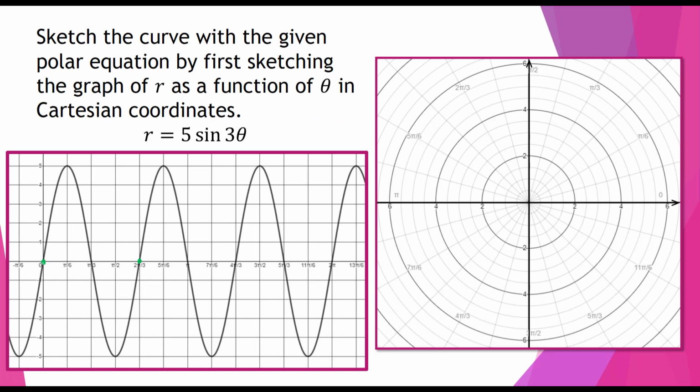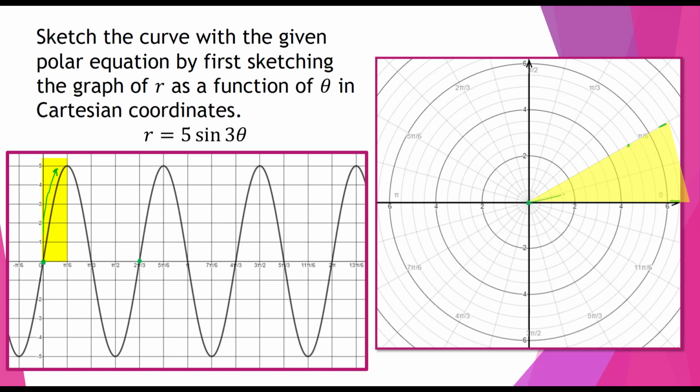So we see that from angle 0 to angle pi over 6, our sine function increases from 0 to 5. So in polar coordinates, from angle 0 to angle pi over 6, our radius increases from 0 to 5.